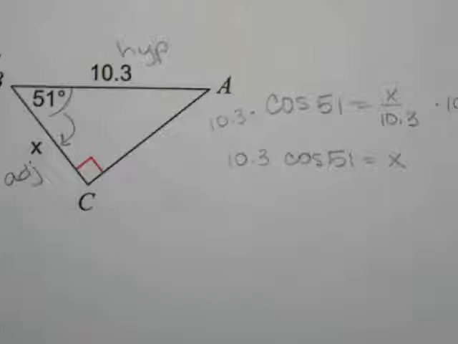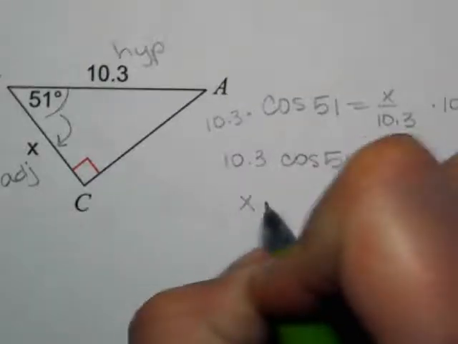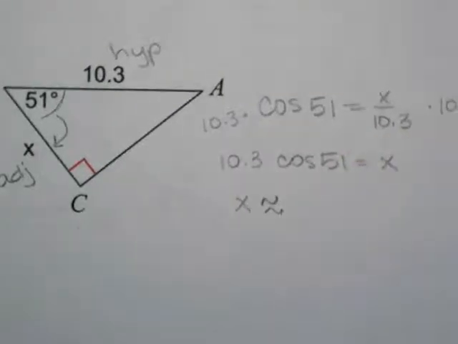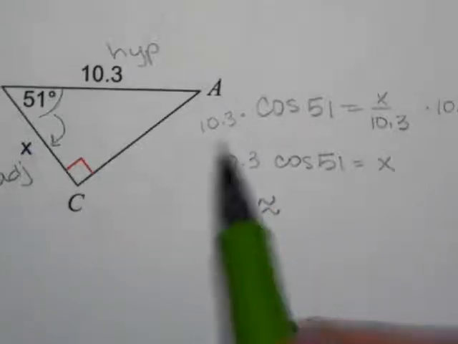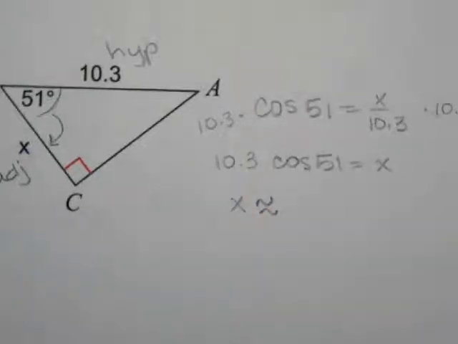Do people ever write cos 51 times 10.3? People typically don't write that because it would be confusing. You wouldn't know what needed to go in the parentheses on your calculator. So it is more common for people to put the 10.3 in front. Does that make sense? So it is not mathematically wrong to do it, but it would be confusing. That's why people do not do it.